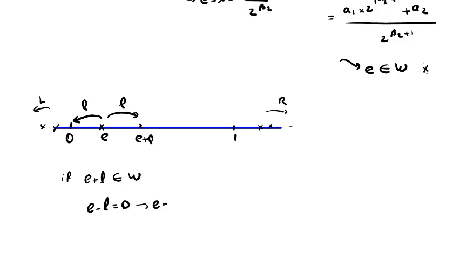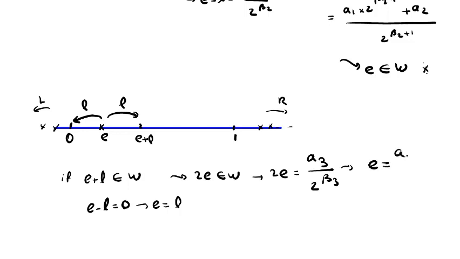So you can say e equals L. So you can say e plus L, which is 2e, belongs to W. So you can easily say e over 2 also belongs to W. So 2e equals, for example, a3 over 2 to the beta 3. So e equals a3 over 2 to the beta 3 plus 1. By the conditions of W, it's a contradiction.